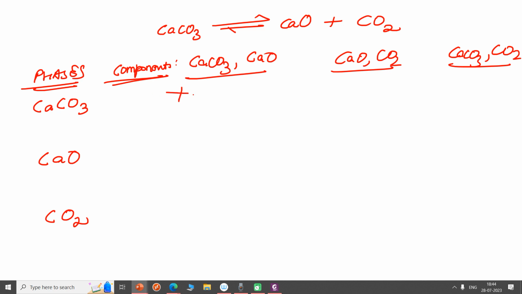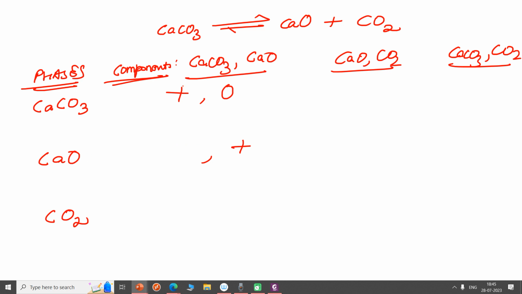So I represent it by a plus. And if I take calcium oxide, calcium oxide cannot give me calcium carbonate, so I cannot take this. I'll represent it by a 0. The phase of calcium carbonate can be represented by calcium oxide as a component, so plus. But calcium carbonate cannot give us calcium oxide.